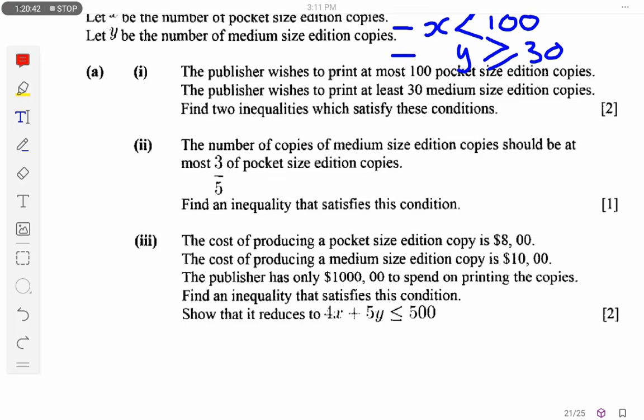Basically here this is a ratio, where the number of copies of the medium, which is our y, will be at most 3/5 of, so basically this will be our x there.